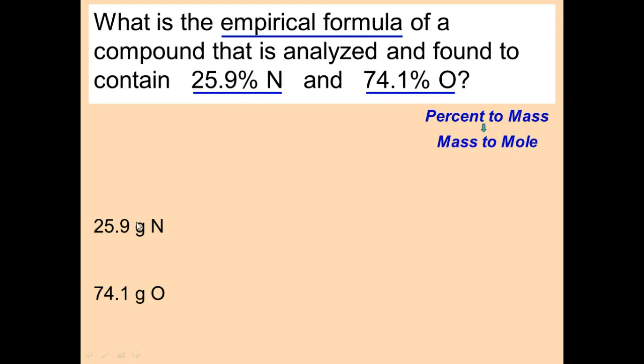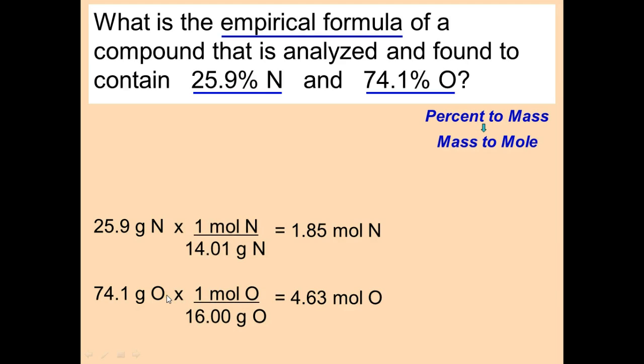And then mass to moles. We all know how to convert from grams to moles: you just divide by the atomic mass. So we divide nitrogen by nitrogen's atomic mass, which is 14.01, then oxygen by its atomic mass, which is 16. Grams go on the bottom, so grams cancel out, and we're just left with moles.